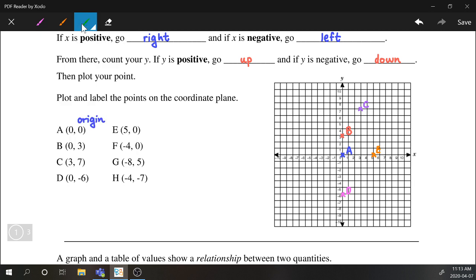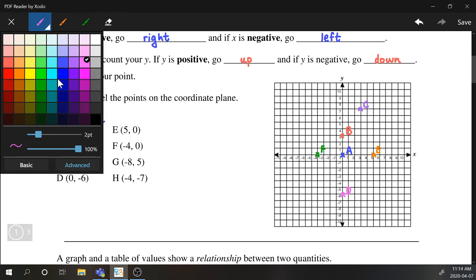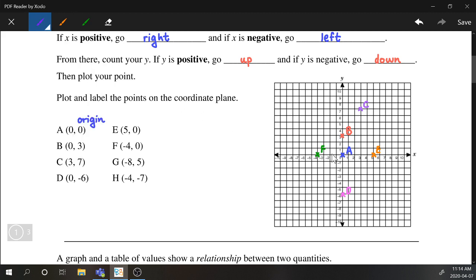And then afterwards, we'll have point F, same thing, but we'll move to the left 4 spaces this time. Point F. And then finally, the last couple of points, we have G and H. G is going to be negative 8. So let's move from the origin, 0, 0, 1, 2, 3, 4, 5, 6, 7, 8.